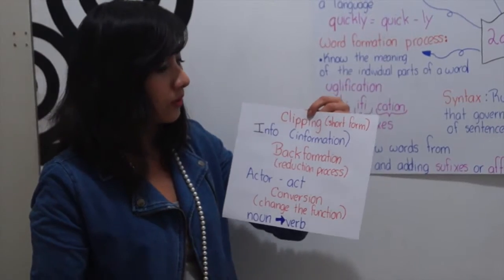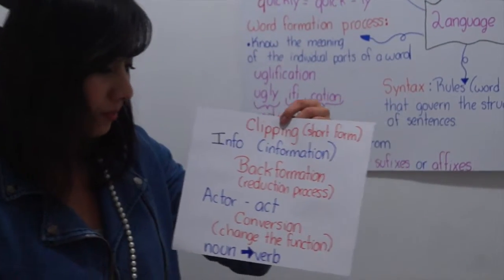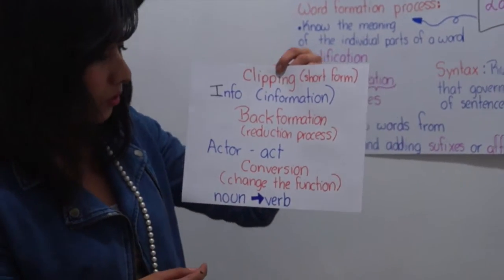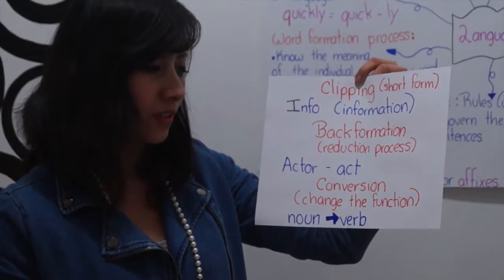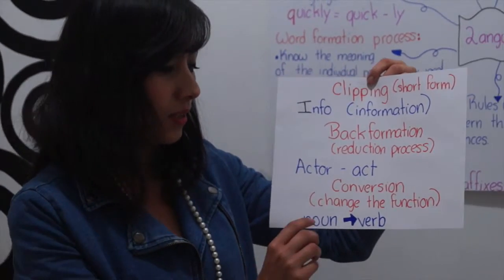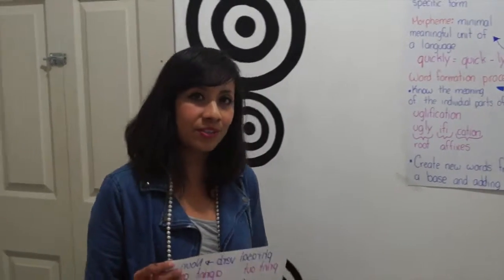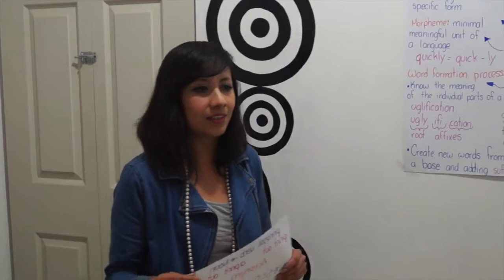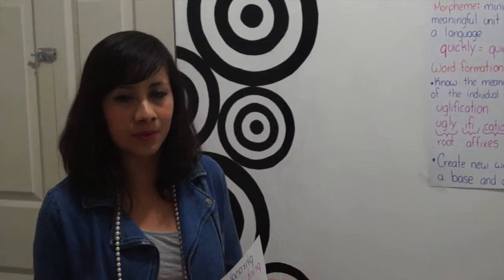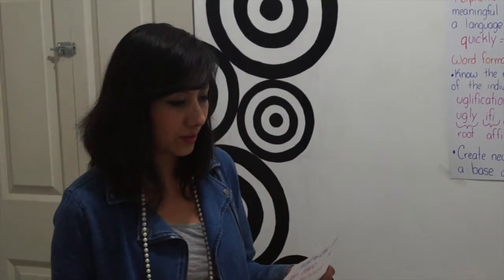We have also back formation, that is the reduction process. For example, actor, act. Or we have also the conversion, that we change the function of the word. It can be from noun to verb. An example of conversion from noun to verb is paper as a noun and paper as a verb, or bottle as a noun and bottle as a verb.